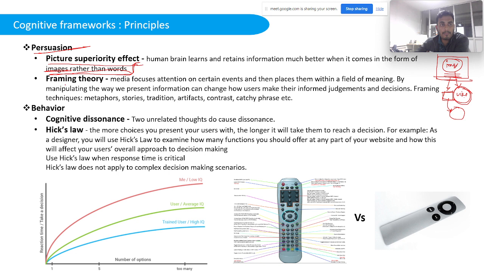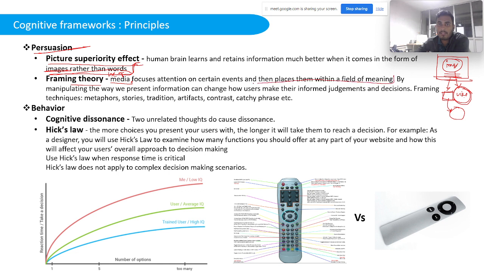Similarly, framing theory defines that the media that is a part of an interface focuses attention on certain events. So the use of any media like videos, images, or graphical content focuses attention on certain events and places them within a field of meaning.